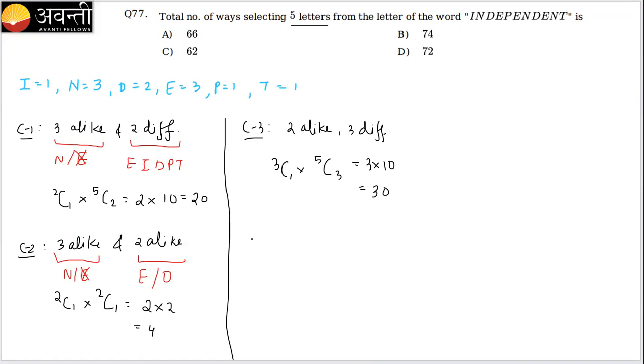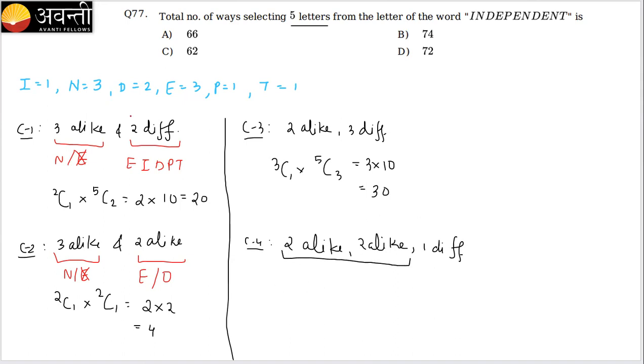Correct? And case 4. What was case 4 again? 2 alike, 2 alike, and 1 different. So in 2 alike we will again have 2 alike, 2 alike. That means we have to select 2 different alikes.